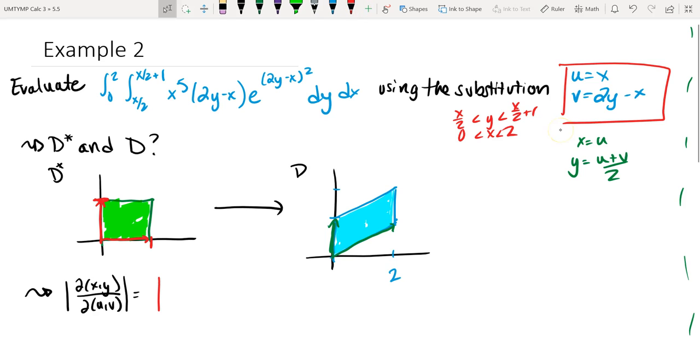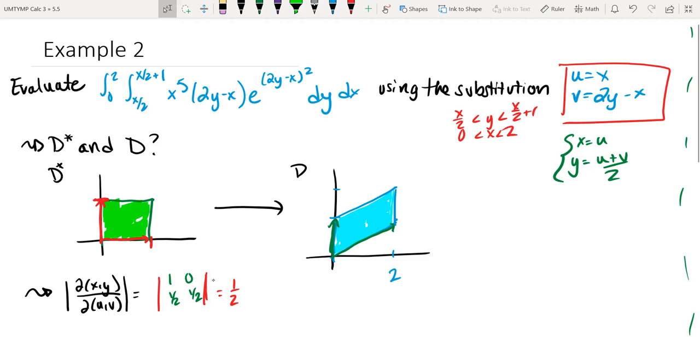Okay, so with this new system of equations, I can express the Jacobian as 1. That's the partial of x with respect to u, and the partial of x with respect to v is 0 because there's no v. Then the partial of y with respect to u is 1/2, and the partial of y with respect to v is 1/2, and then I take the determinant of that, and I just get 1/2.